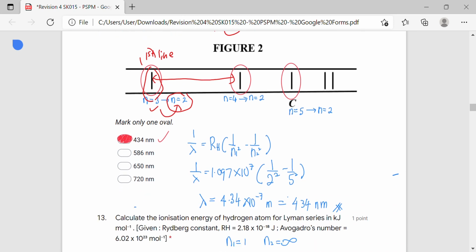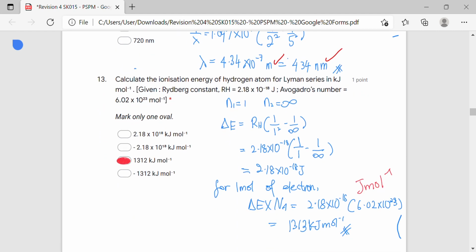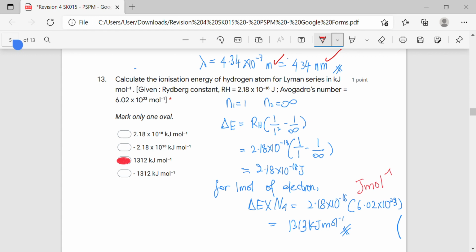Okay, so RH 1.097 exponent 7. So, N1 must be less than N2 supaya lambda kita sentiasa positif. Okay, so dapat lambda in meter, convert to nanometer. Calculate the ionization energy for Lyman series in kilojoule per mole.